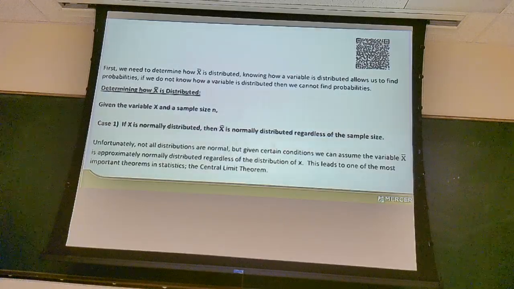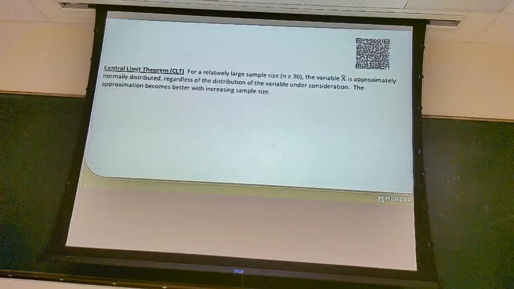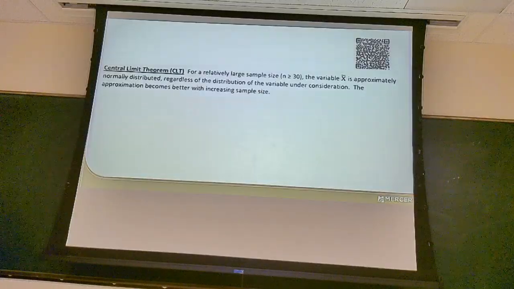So what we use is what's known as the central limit theorem. And this is a pretty important theorem. In fact, this theorem is going to be used in all of inferential statistics. There are two versions that we look at: the one for mean and the one for proportion. Here's the one for mean.